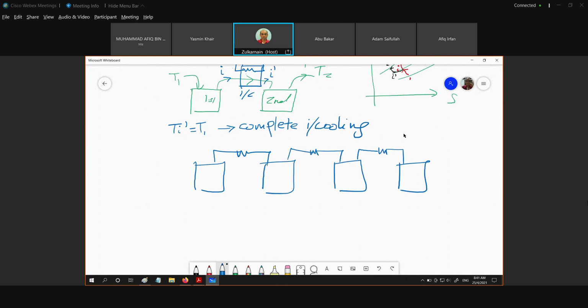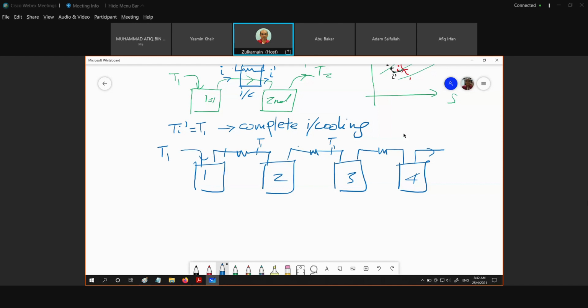Semua suhu yang masuk sini adalah T1. Ini T1, ini T1. Ini kita punya delivery. Ini dikatakan sebagai complete intercooling.